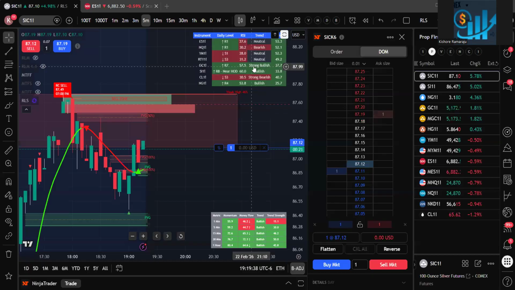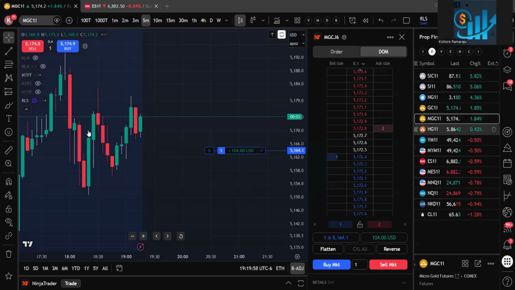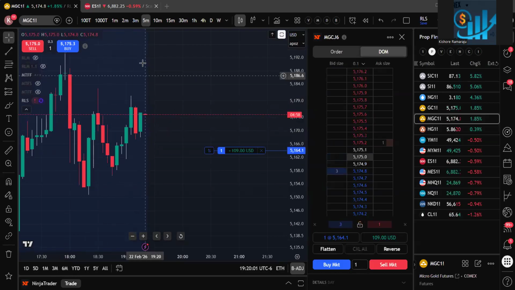If you get a buy signal with any of the indicators, whether you use price pulse, RLM, FLM, or any indicator, whenever you get a buy signal, you always wait for a pullback. You got a pullback, and then we entered. GC, we got a pullback, we entered, then it is going up.